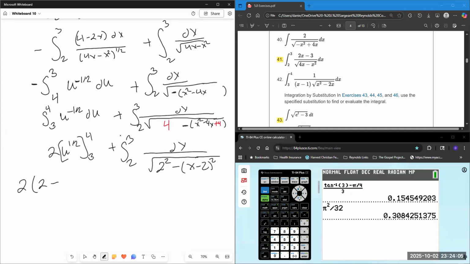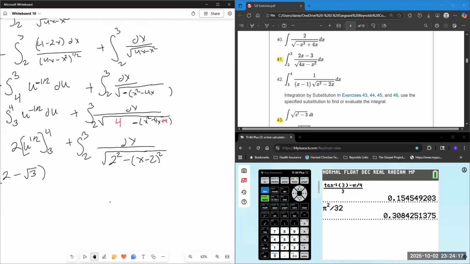All right, so this is 2 times, and then 4 to the 1/2, square root of 4 is 2, minus 3 to the 1/2, that's square root of 3, plus, now I'm going to make some substitutions here, where a is equal to 2, u is equal to x minus 2, and du is equal to dx. So this is 2 minus 2 is 0, 3 minus 2 is 1. This is going to be root 2 squared minus u squared du.